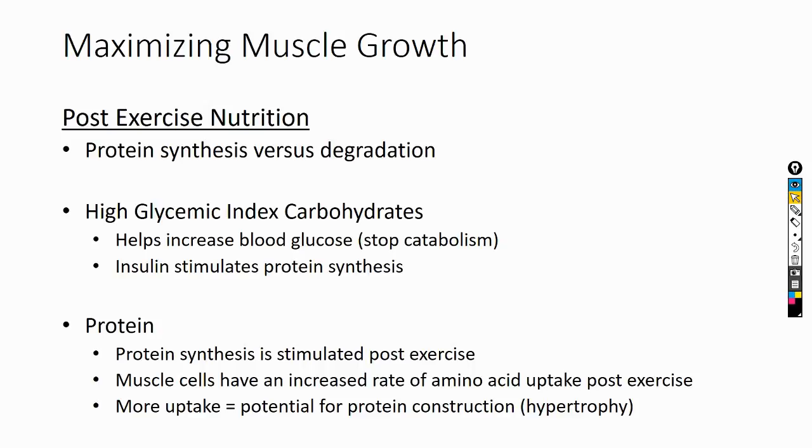But when your body needs blood glucose, if you worked out really hard and your blood glucose is low, your body will break down protein in order to create glucose to feed the brain. Okay, this process often is called catabolism. Okay, you're essentially cannibalizing your own tissue to feed the brain. All right. It's pretty simple to stop, and it doesn't require you to slug down a bunch of protein shakes.